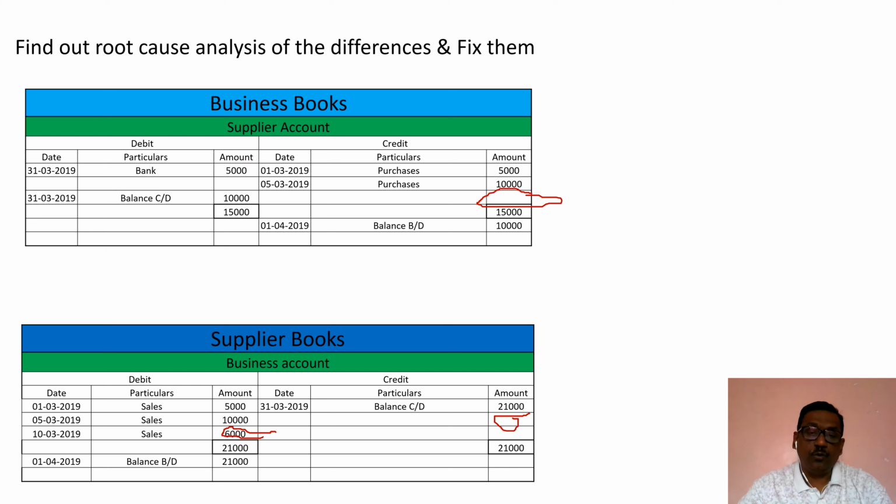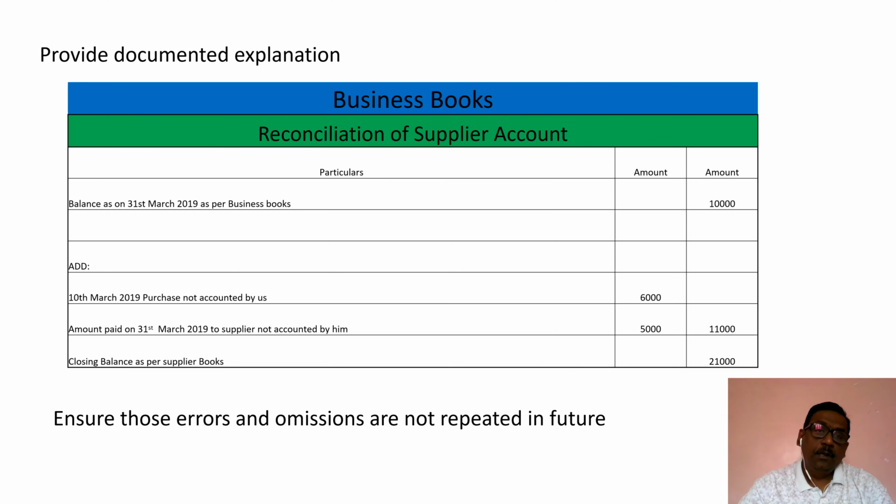Let us move on to the next slide. Once we analyze the ending balances and identify the differences, we also need to provide the documented explanation. What is the documented explanation?